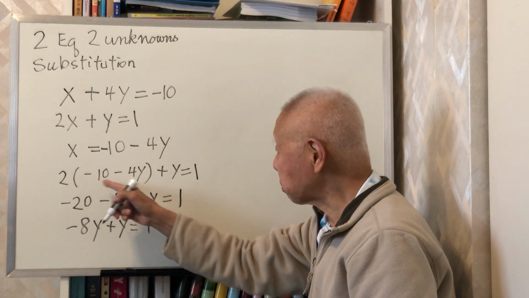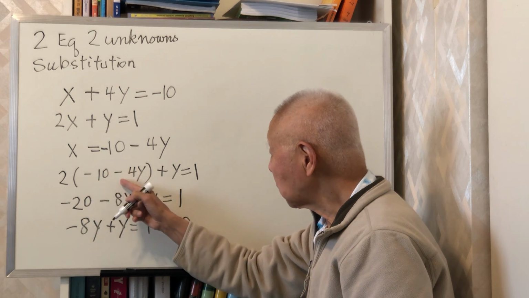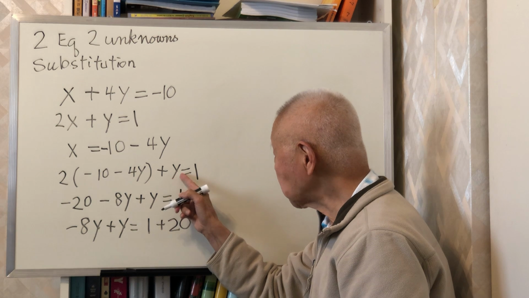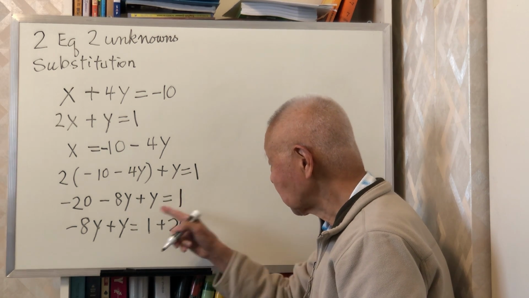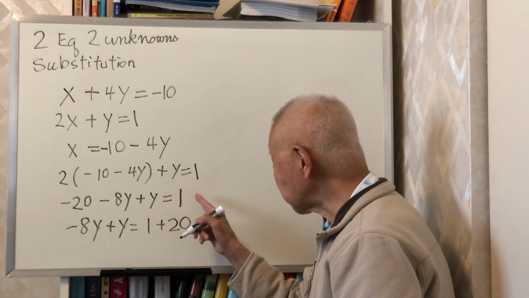Multiply into the brackets: minus 20 minus 8y plus y equals 1. Move the minus 20 to the right hand side.